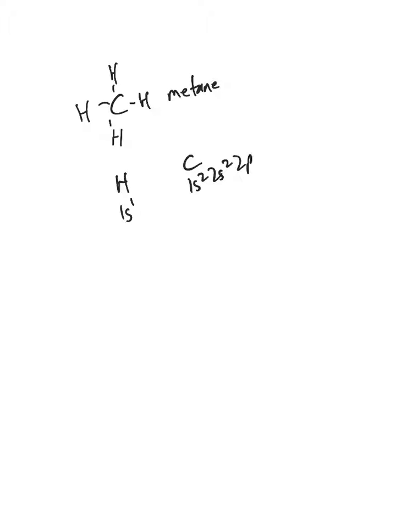So why don't we use valence bond theory to explain all of our bonding? Well, let's look at a molecule like CH4, methane. We've got hydrogen with its 1s1 ground state electronic configuration. Carbon's 1s2, 2s2, 2p2. It's got 4 valence electrons.